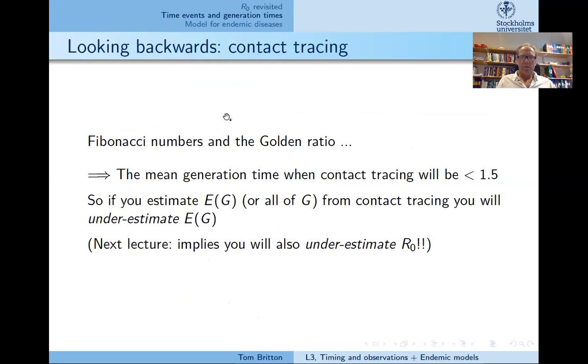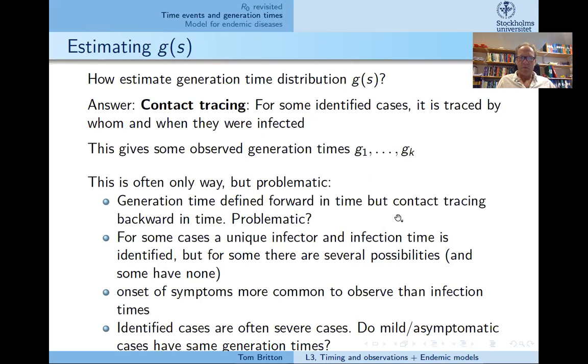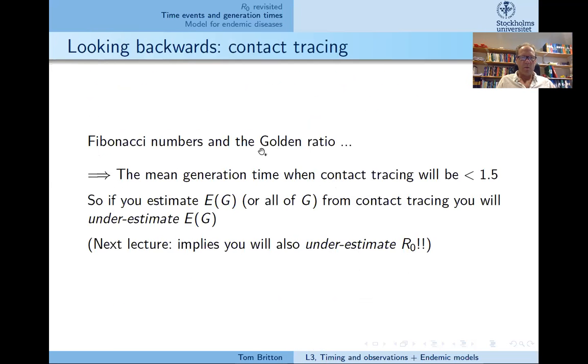So let's start with the first problem, looking backwards. As I said, we have the Fibonacci numbers, and actually the ratio of this over that is called the golden ratio, but I will not talk more about that.